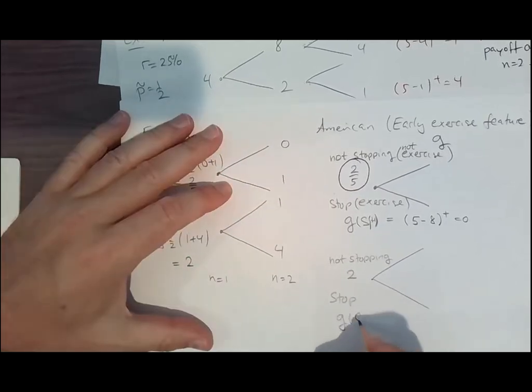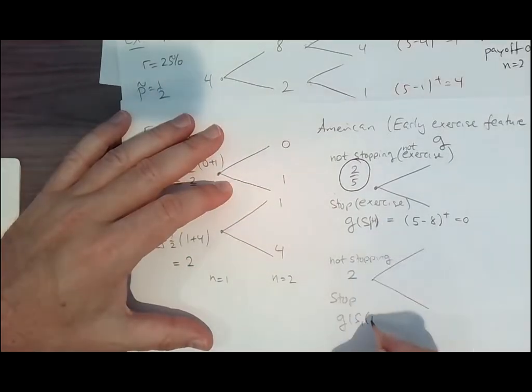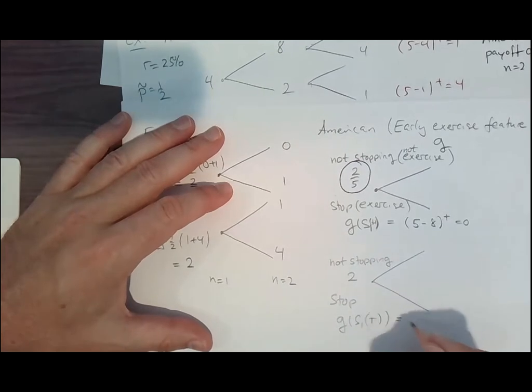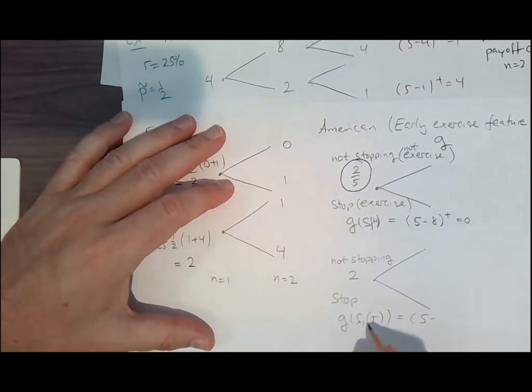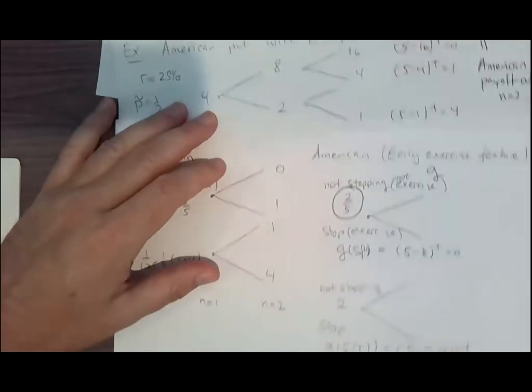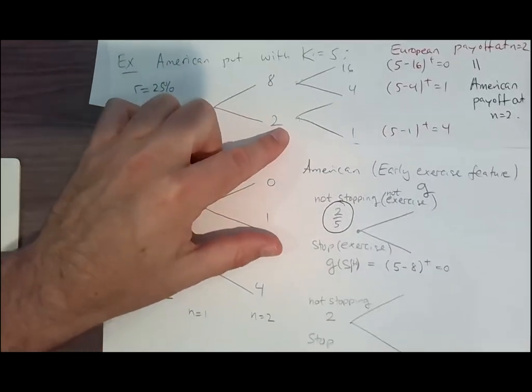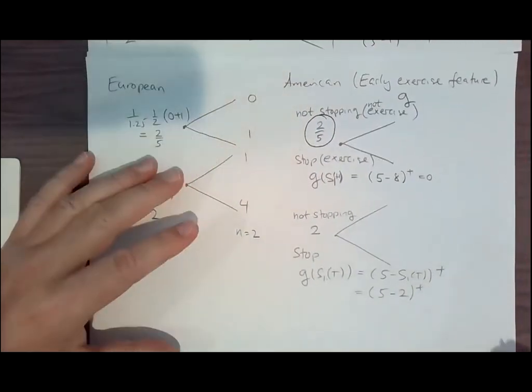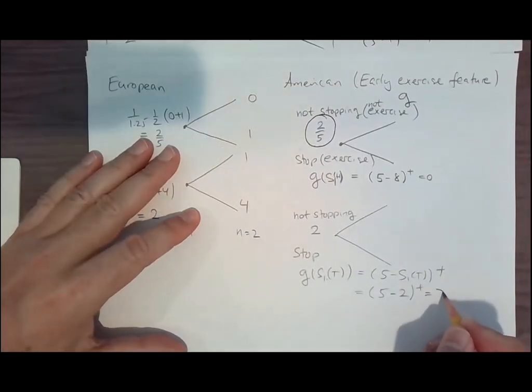This will be G of S1, but now I am in the tail state. So it will be 5 minus the value in the tail state, positive part. So what was the value in the tail state? This was 2. This is 5 minus 2, positive part. So now we see you get a 3.